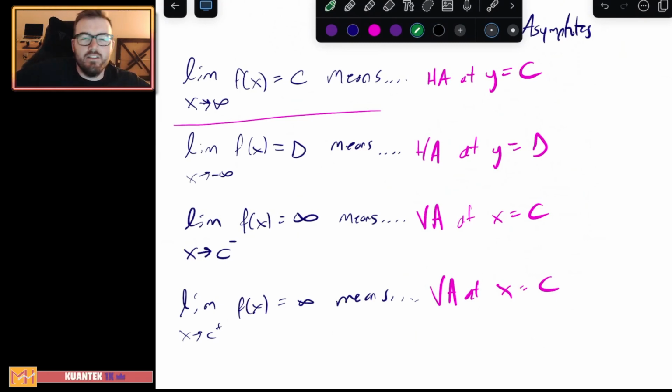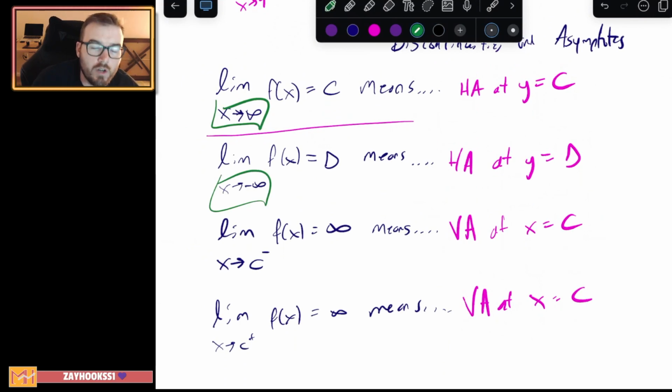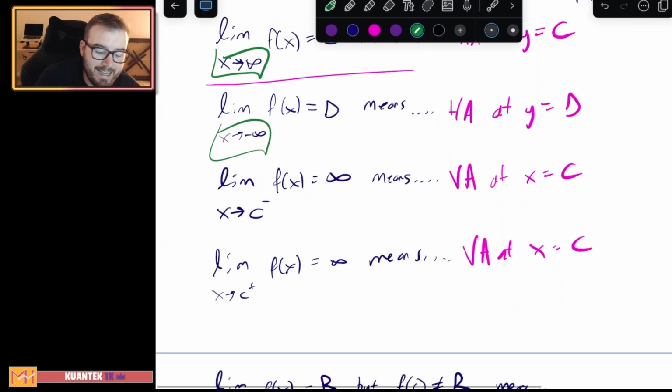The ends of the graph are on the extremities towards the x values, infinity and negative infinity, right? So when a limit is x approaches infinity, we are describing a horizontal asymptote.